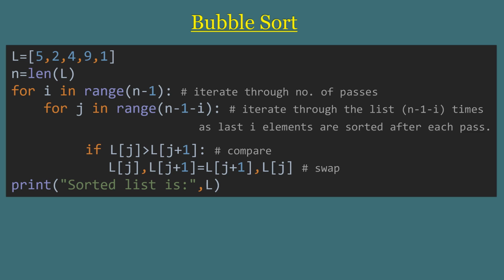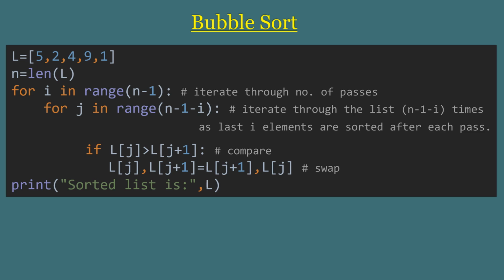So we will take for I in range n minus 1. How many passes will be required? It will be n minus 1 passes, where n is the length of the list. Now within each outer loop, you have to take another inner loop, for j in range n minus 1 minus I, and this loop will iterate through the list n minus 1 minus I number of times.